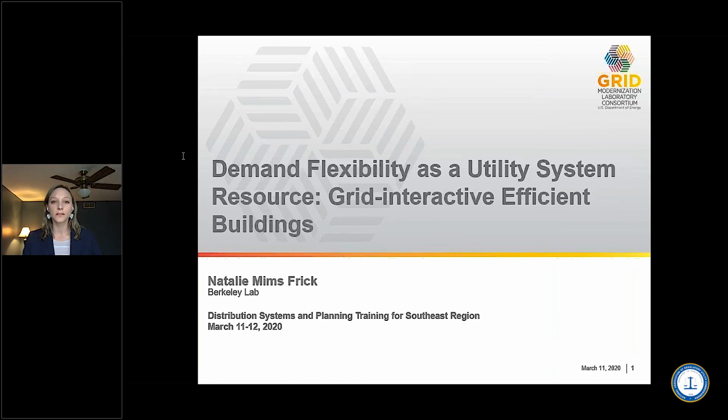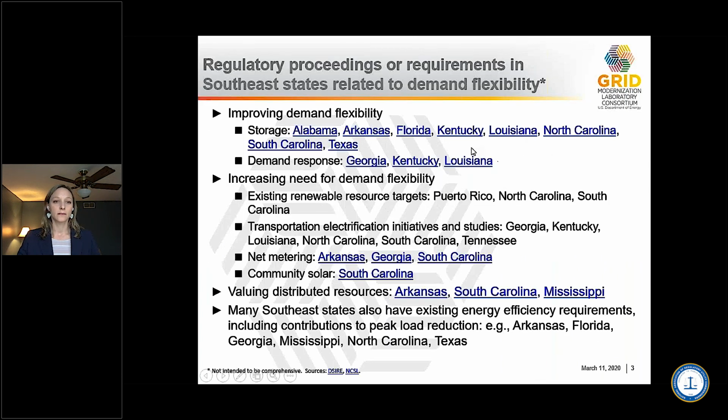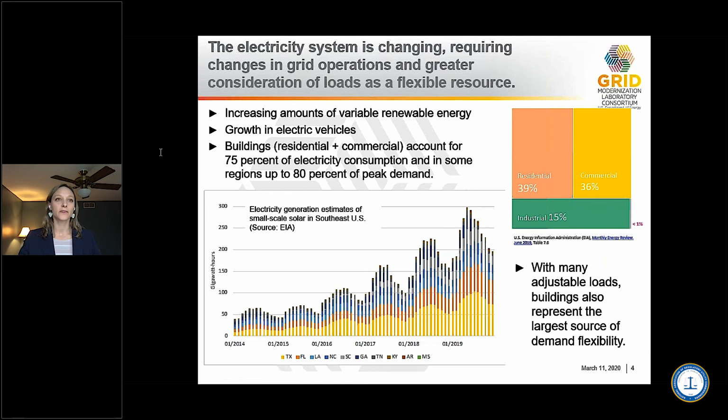So if we can go on to slide 4 now. Perfect, thanks. As I alluded to on the last slide, the electricity system is changing, and this requires changes in grid operations and more consideration of loads as a flexible resource. There's increasing amounts of variable renewable energy in the Southeast, and it's expected to continue to grow.